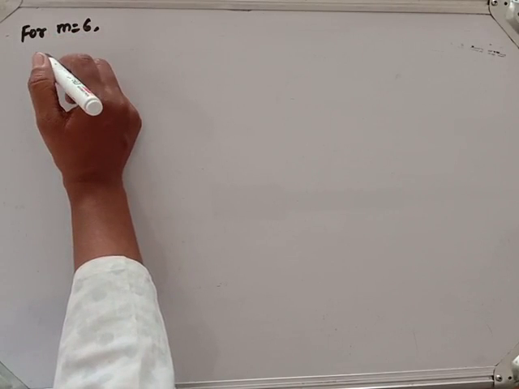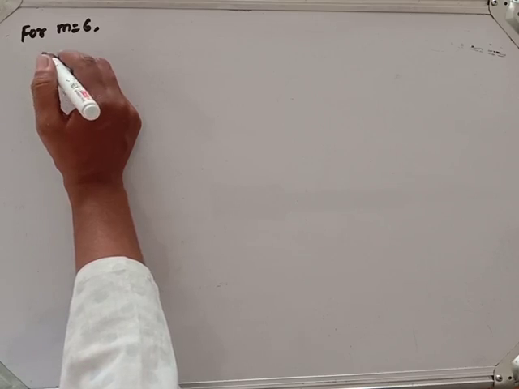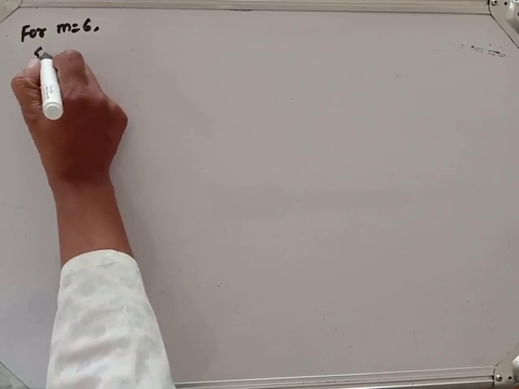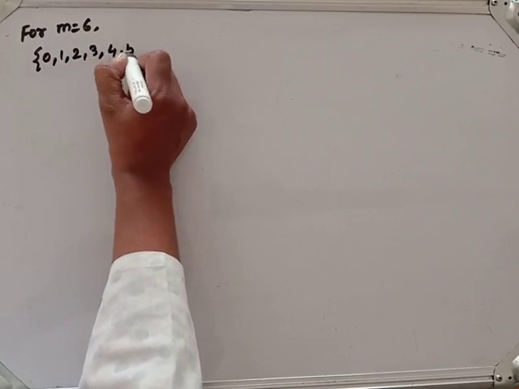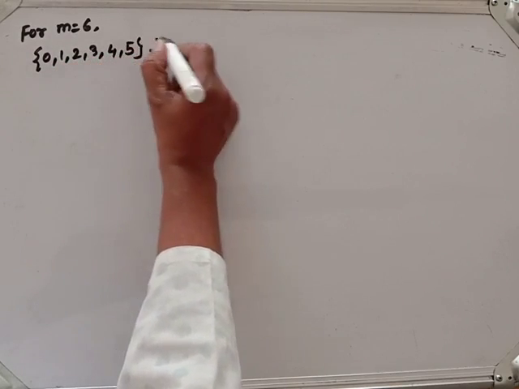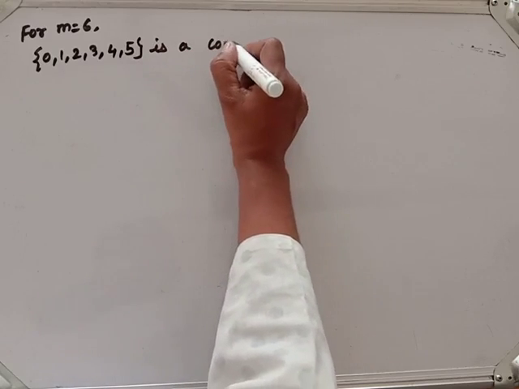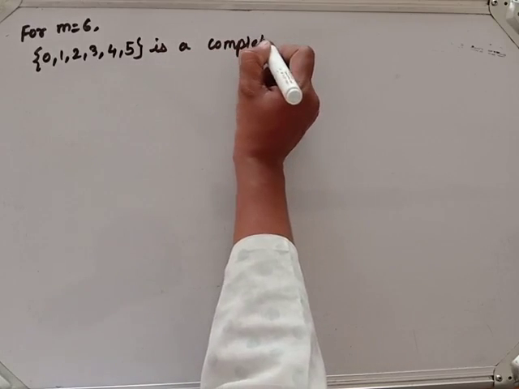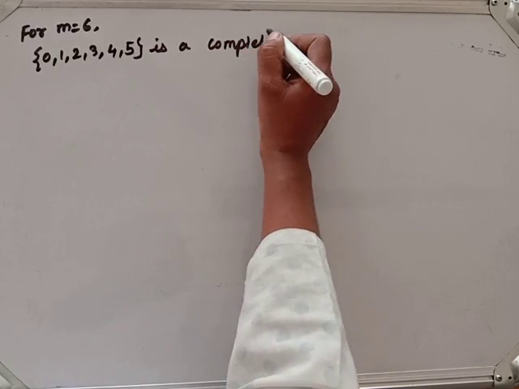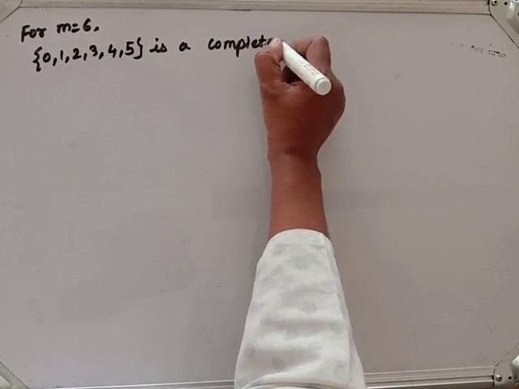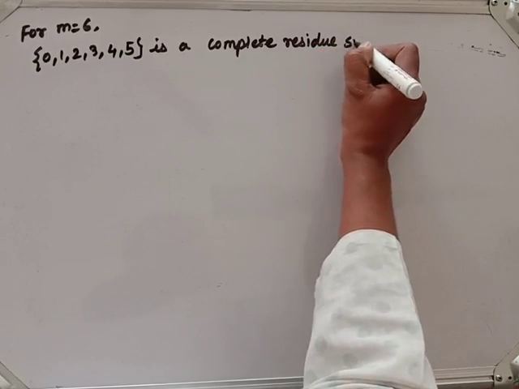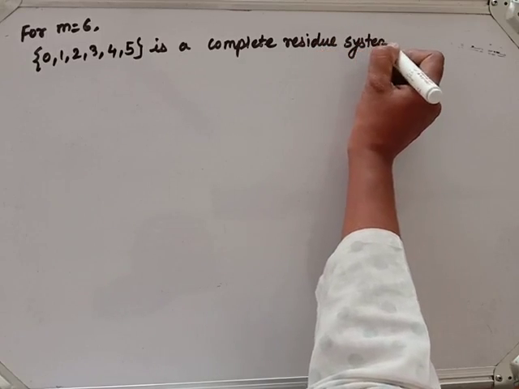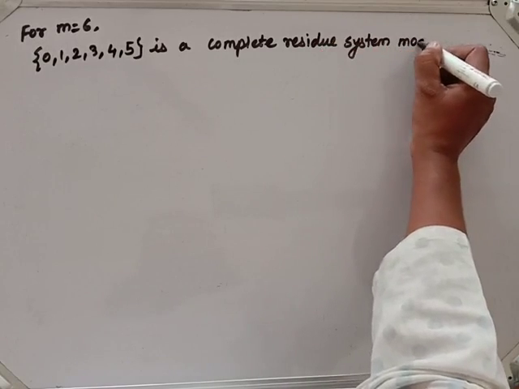We have 0, 1, 2, 3, 4 and 5, which forms a complete residue system modulo 6.